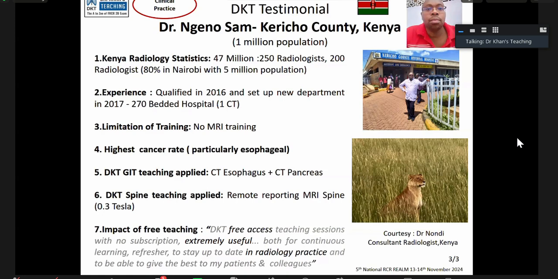That is impact. He also tells us that he had never been trained on MRI scans in his training. Then the Kenyan government put up a 0.5 Tesla, 0.3 Tesla MR, very, very basic, for MR of the spine, to rule out cord compression.